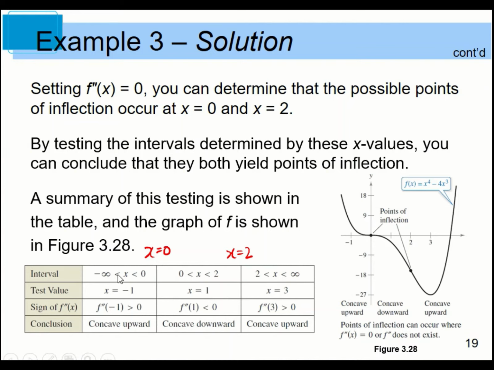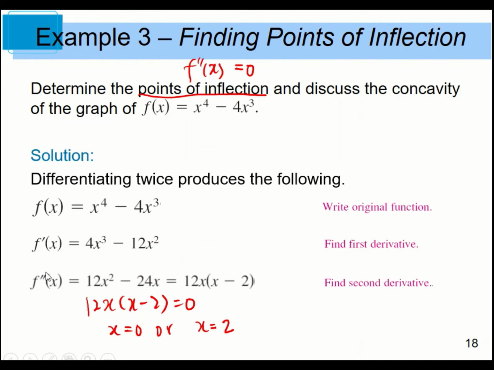After that, we choose one point from each interval. You can choose any point. For example, in this calculation, we choose x equals -1, and we substitute into the f double prime.